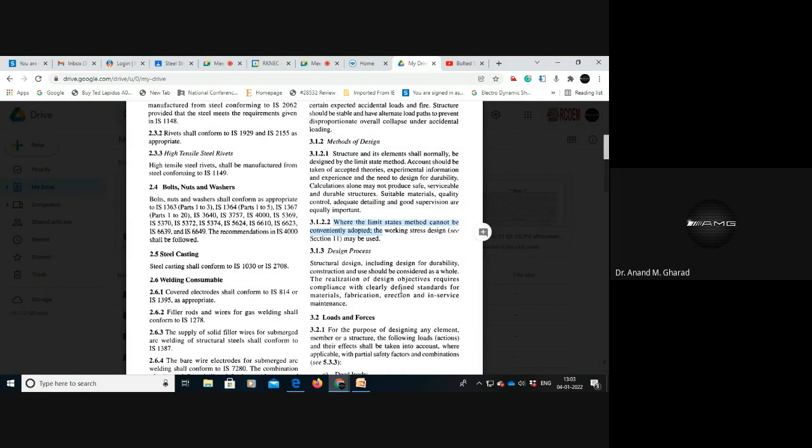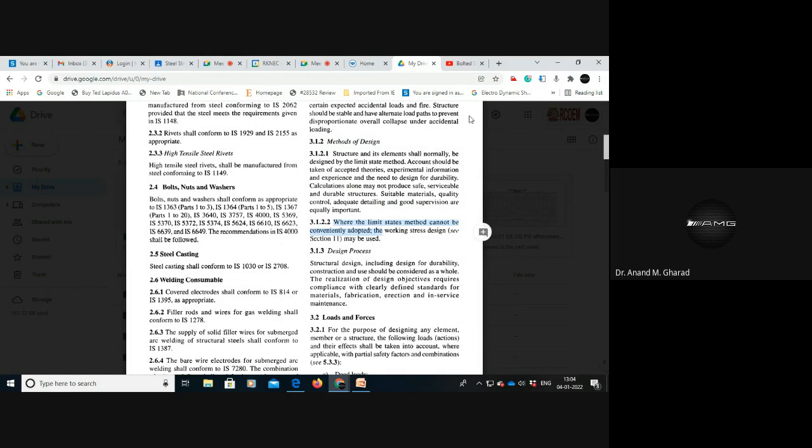Water tanks, then some special structures like chimneys. Over here you will find that working stress method design is best, because in working stress method design you do not accept any crack to be developed. We do not permit that. In limit state design, yes, a crack of some width is acceptable, but in a water tank there should not be any scope of any kind of crack. So we can correlate this statement.